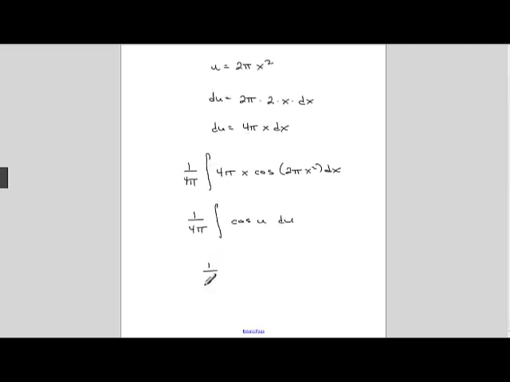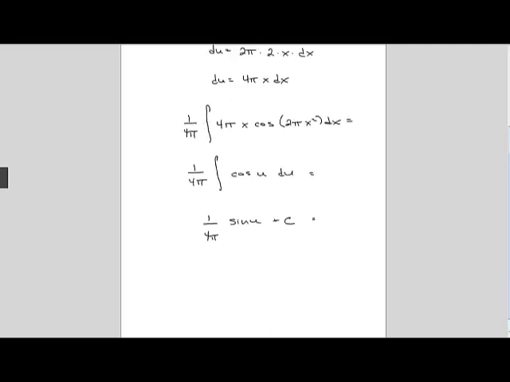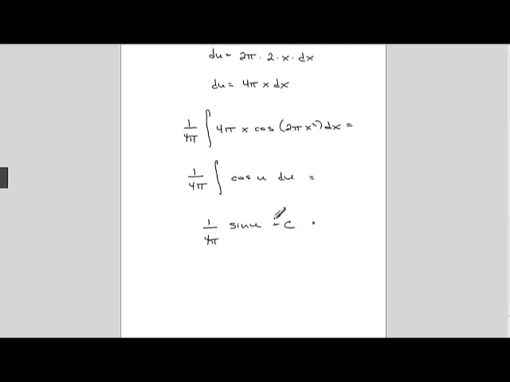So we'll have 1 over 4 pi times the sine of u plus c. And then we can substitute back in for u, and u was equal to 2 pi x squared. So we'll have 1 over 4 pi times the sine of 2 pi x squared plus c.